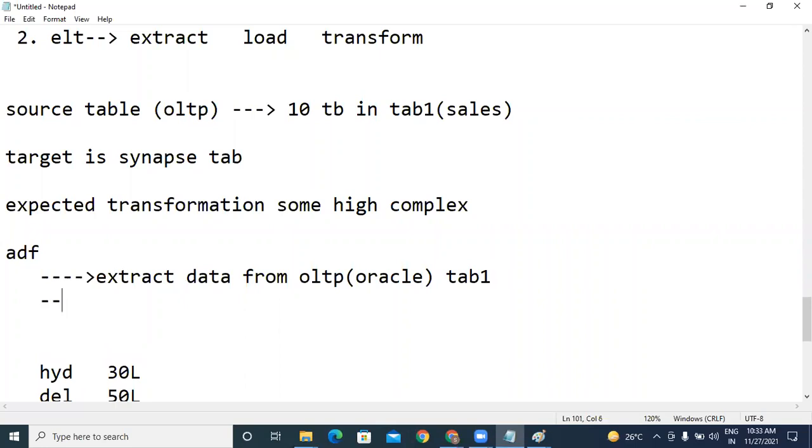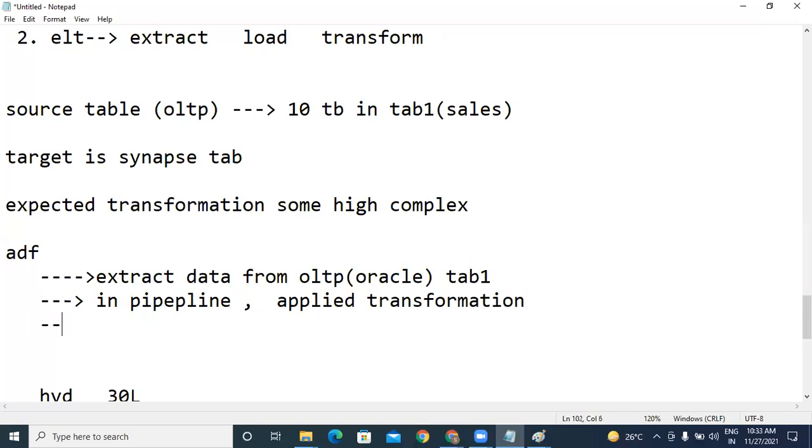Then in my pipeline, that means data pipeline, transformation logic is applied, results will be produced, and the final destination of my pipeline is Synapse. That means load into Synapse.